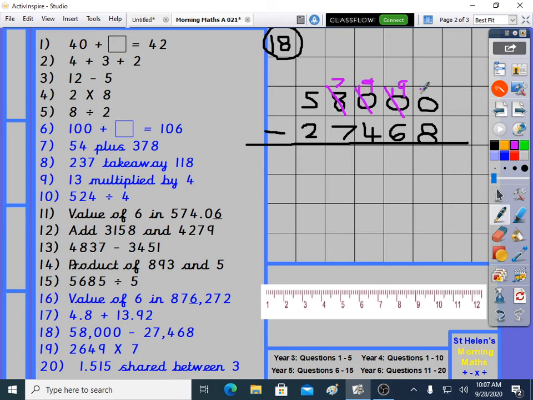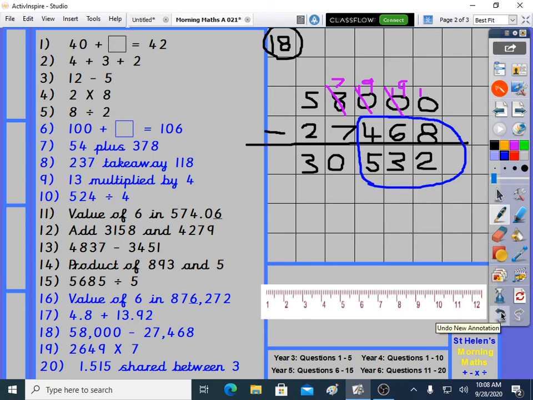The last one stays as 10. 10 take away 8 is 2. 9 take away 6 is 3. 9 take away 4, 5. 7 take away 7, 0. 5 take away 2 is 3. I wonder if there's a number bonds check. I don't know if you know number bonds to 1,000, but those two will fit together to make 1,000. So that's a check that helps me know that this is right.